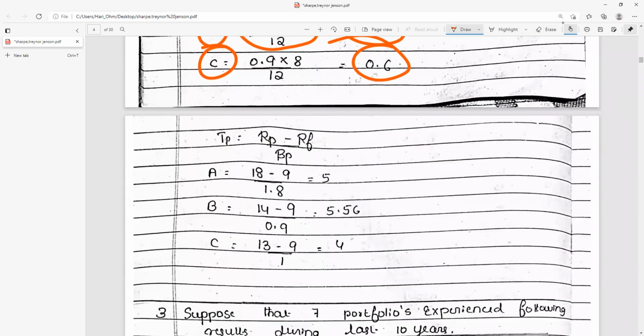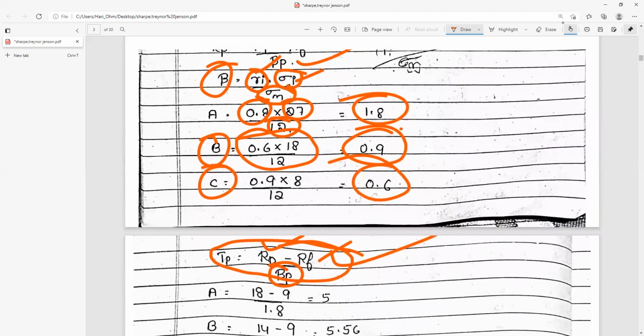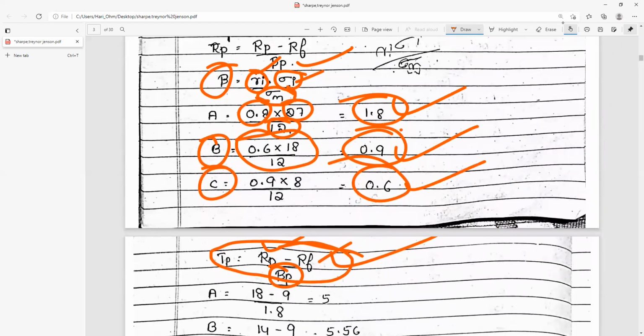Next, apply Treynor's method formula, RP minus RF divided by beta. The betas just calculated are 1.8, 0.9 and 0.6.